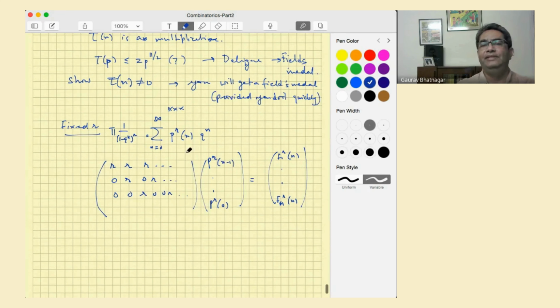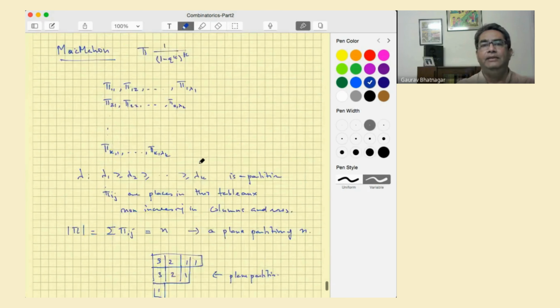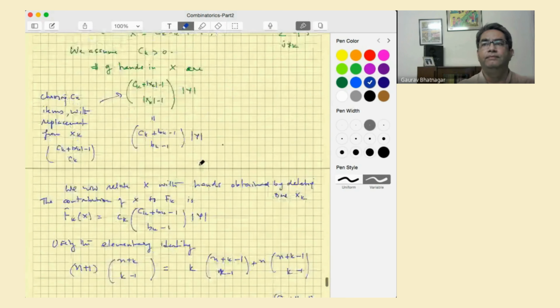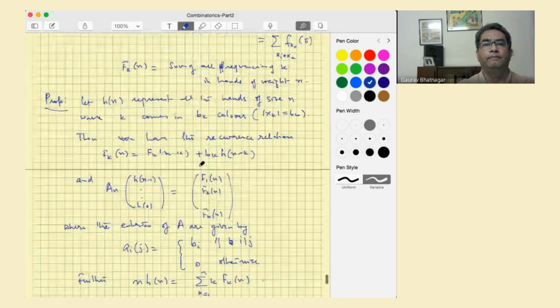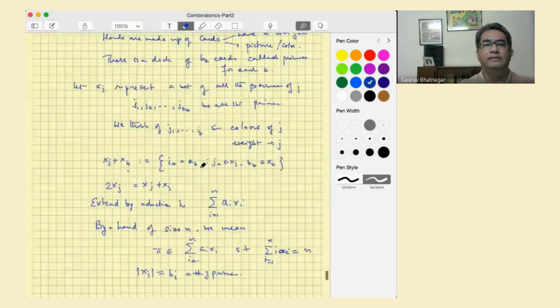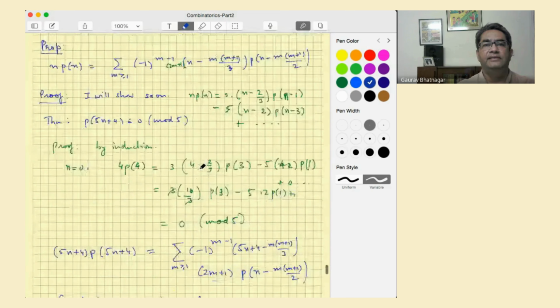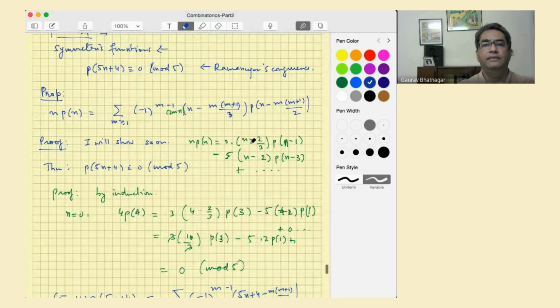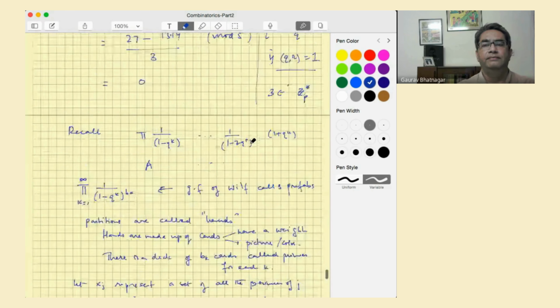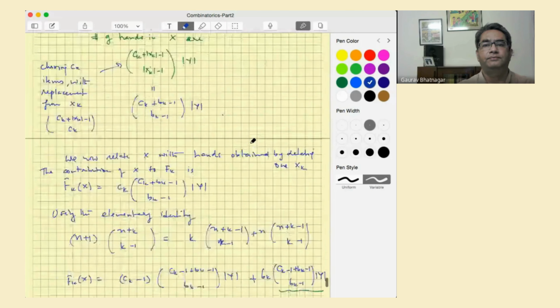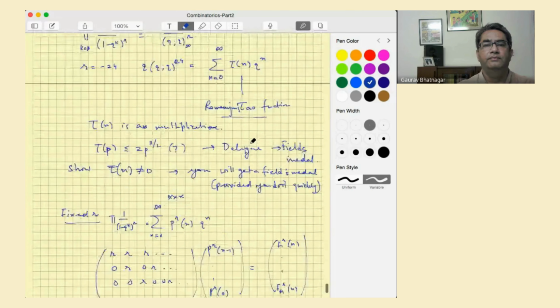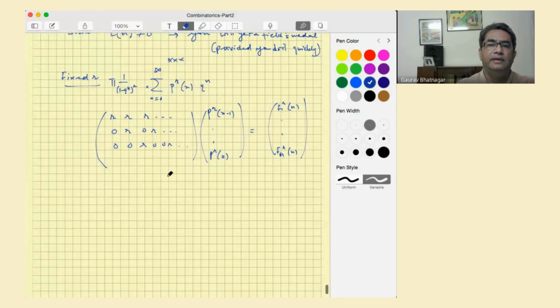I'm going to play with this, and the goal is to find this recurrence relation in less than 20 minutes. Okay.